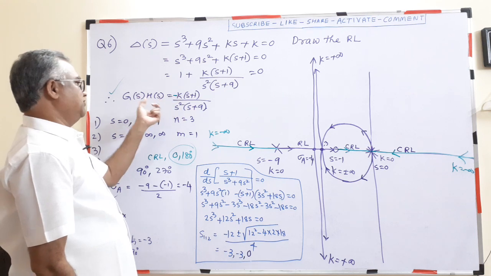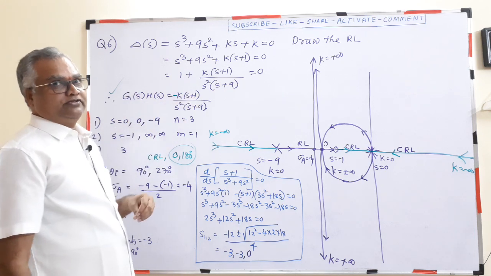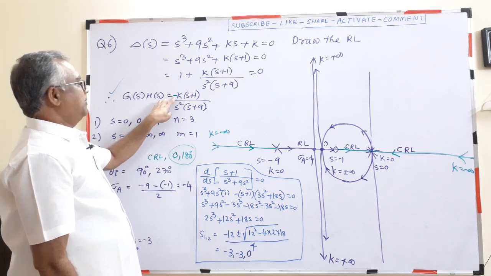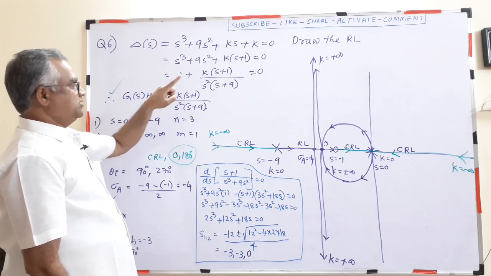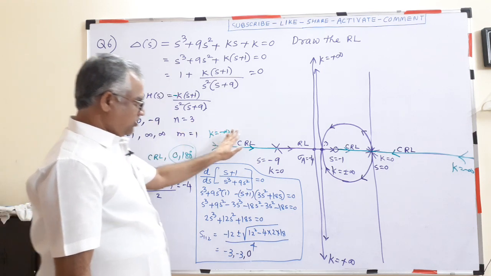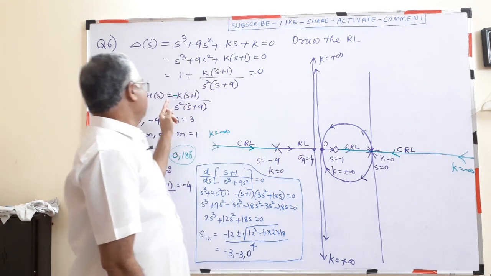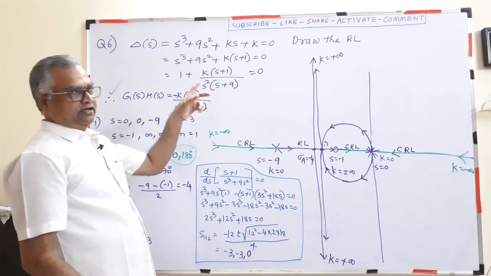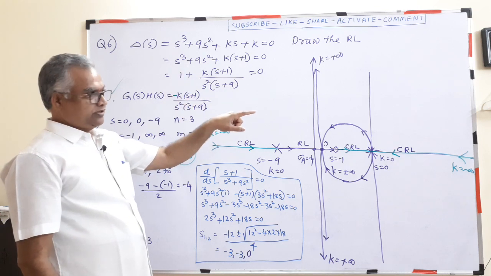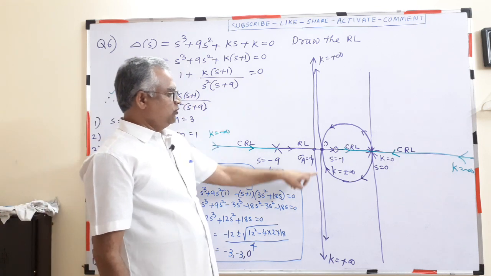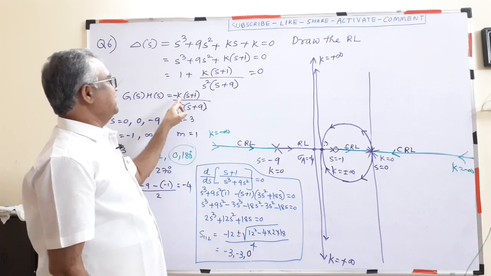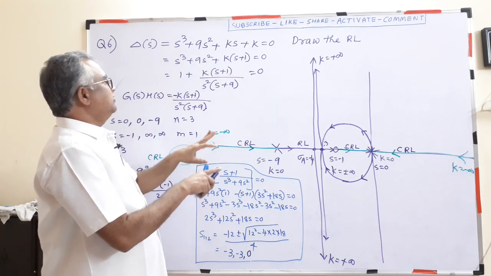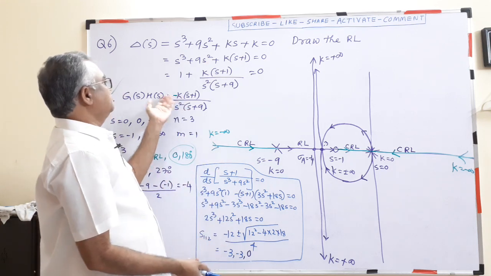If k is negative, it will take positive. So whenever a minus sign is there, if they are asking for the root locus, draw the complementary root locus with the plus k. Drawing the root locus with the plus k will be nothing but the complementary root locus with the minus k.